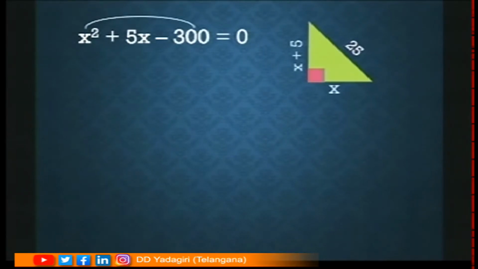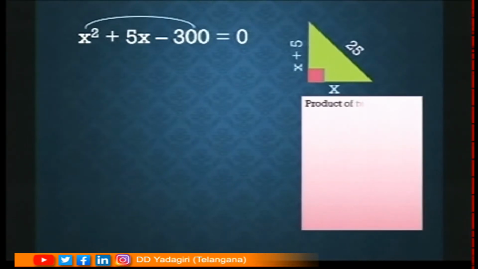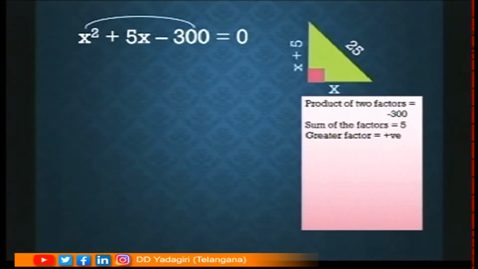Multiplying the coefficient of x square, which is 1, with minus 300, I get the product of two factors as minus 300 and the sum of the two factors should be plus 5. So, my greater factor should be positive and smaller factor should be negative.